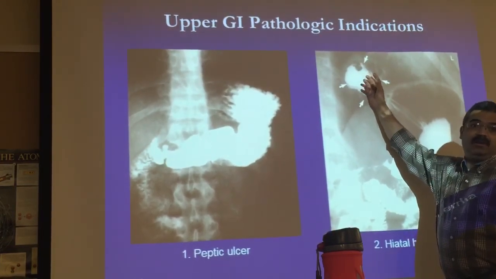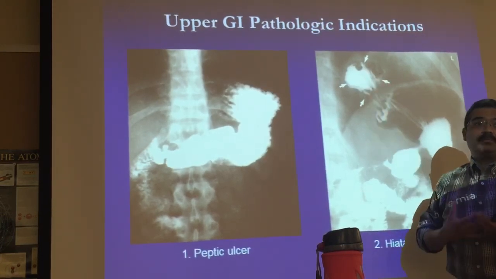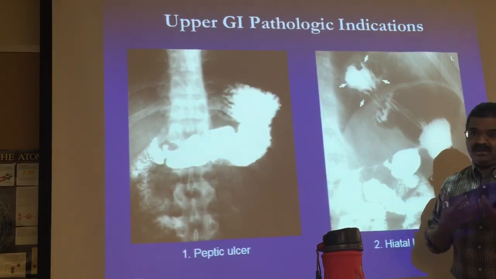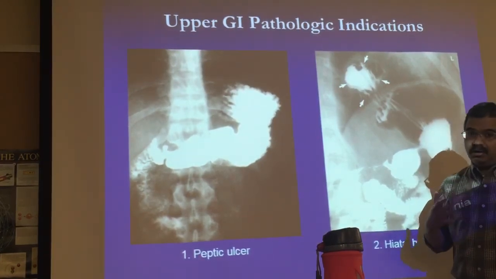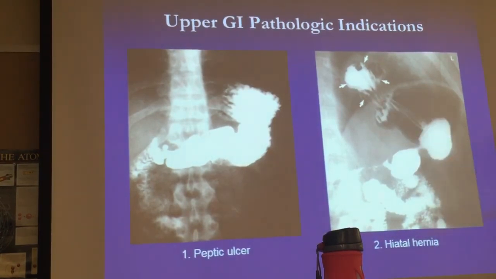A lot of times, even intestines can go up. The problem is that it creates a lot of pressure on your chest. Lots of pressure. Patients eat and they feel like they are having a heart attack. It can be surgically repaired, but it is a problem. That is something you can see.